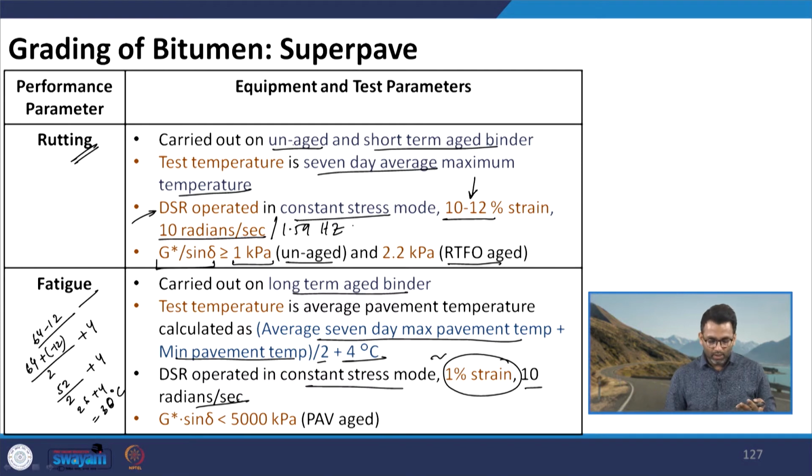And the criteria is that G star dot sin delta, which we discussed in the previous presentation, is a representation of fatigue characteristics of the bitumen, and should be less than 5000 kPa, because the lower the value of G star dot sin delta, the more the resistance to fatigue cracking. So, there is a maximum limit here, whereas for G star by sin delta it is a minimum limit, because the higher the value of G star by sin delta, the more the resistance to rutting.